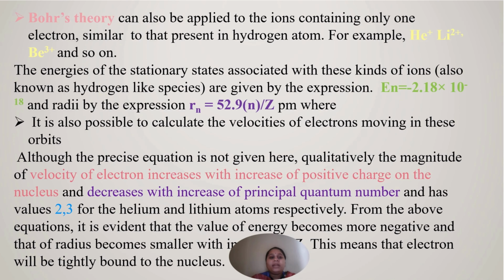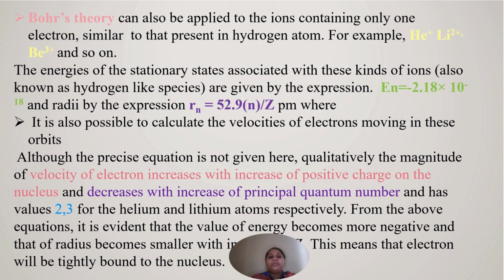And this Bohr theory, not only for hydrogen atom, can also be applied to ions containing only one electron, for example helium, lithium, beryllium, and so on.